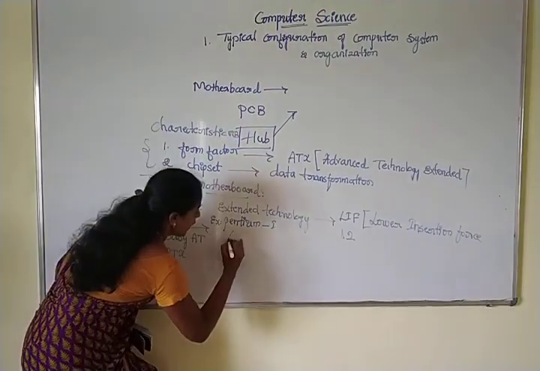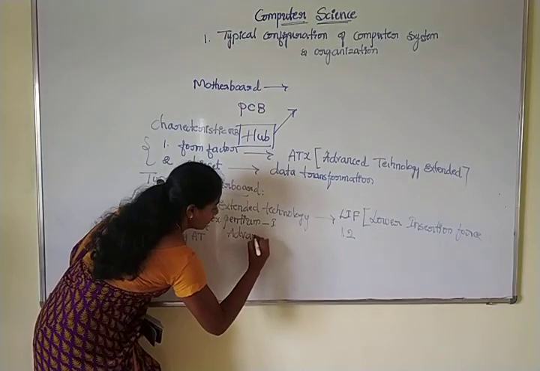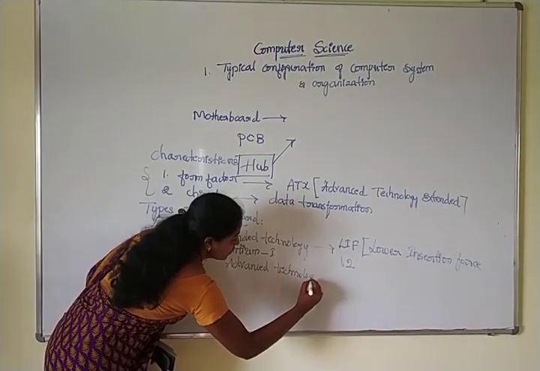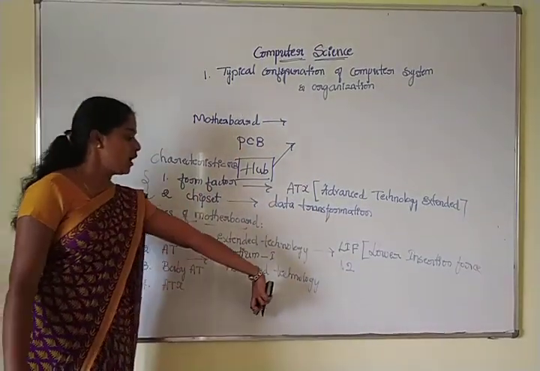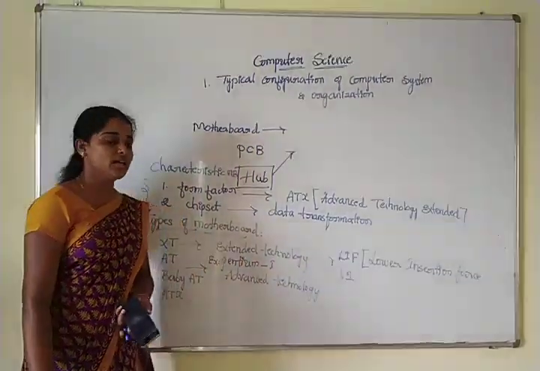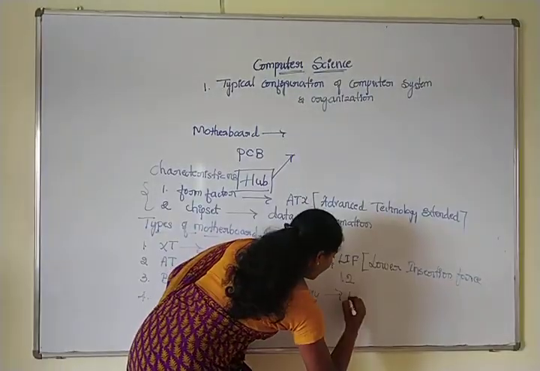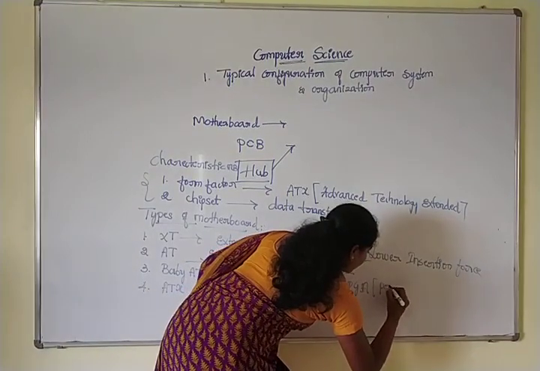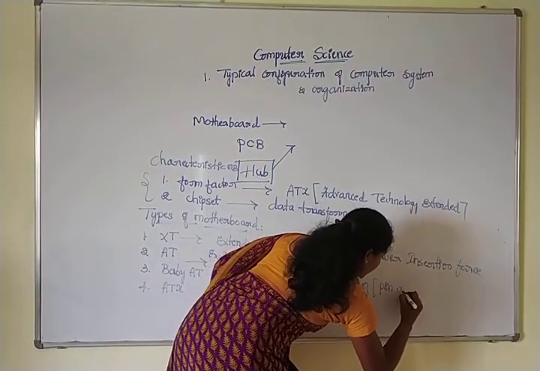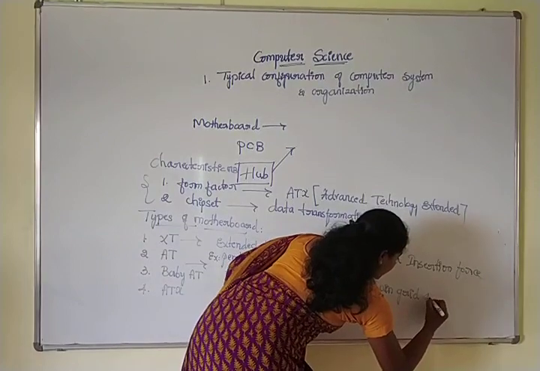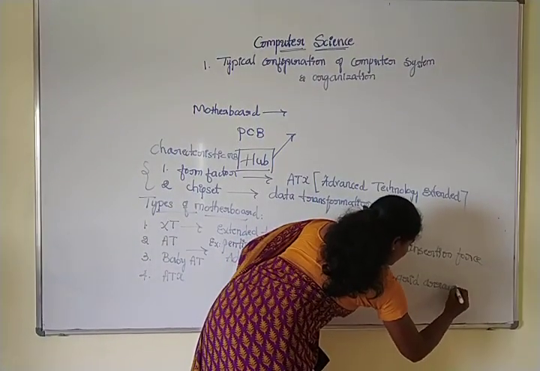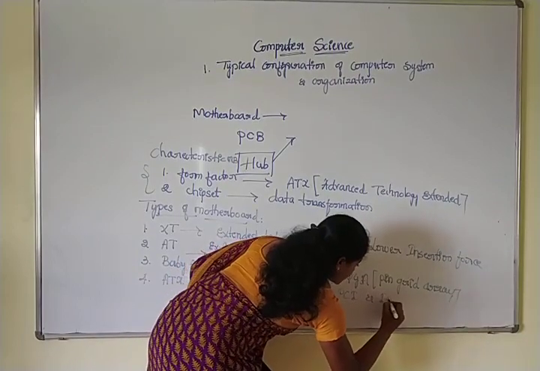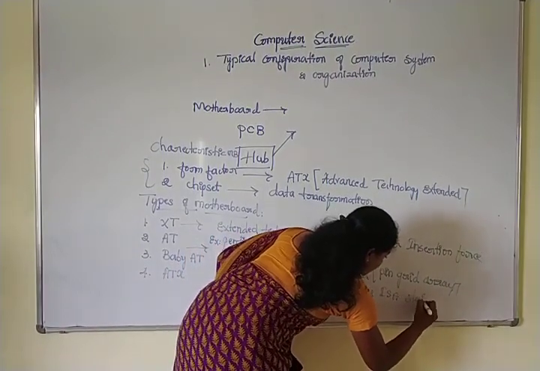The second one is AT. AT stands for Advanced Technology. Here we find the socket is called PGA, Pin Grid Array, and also PCI and ISA slots.